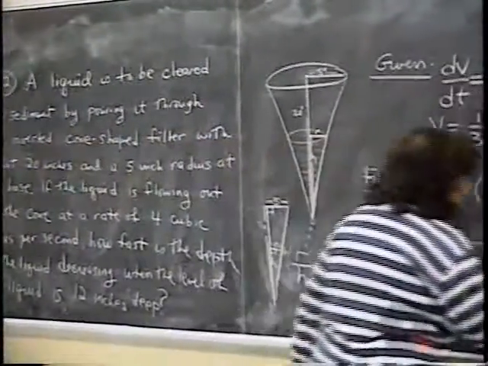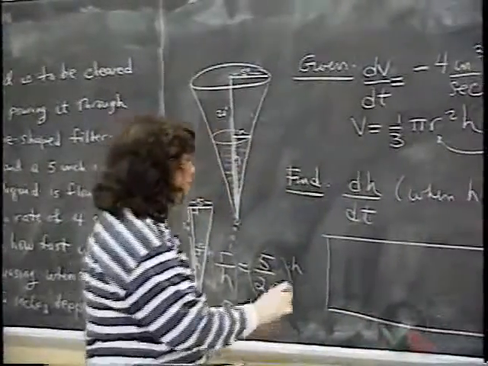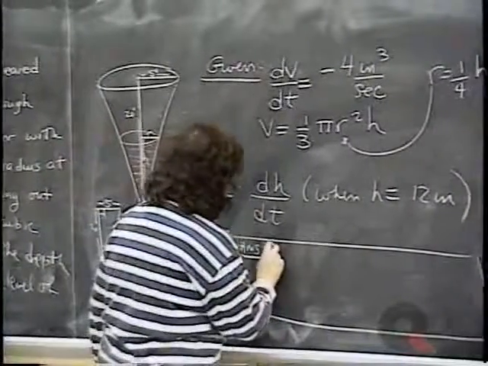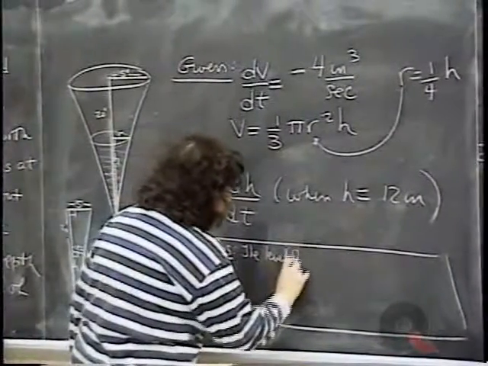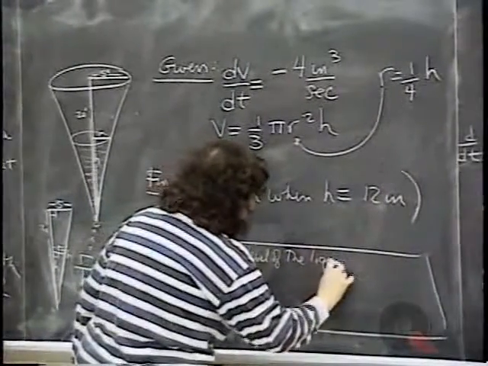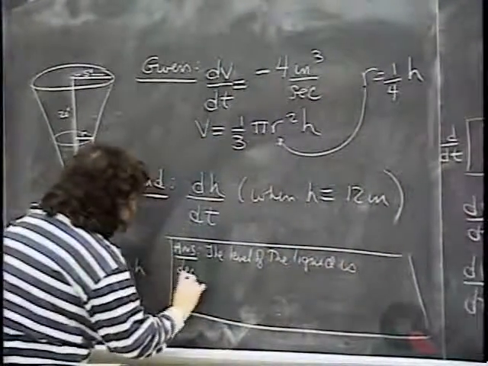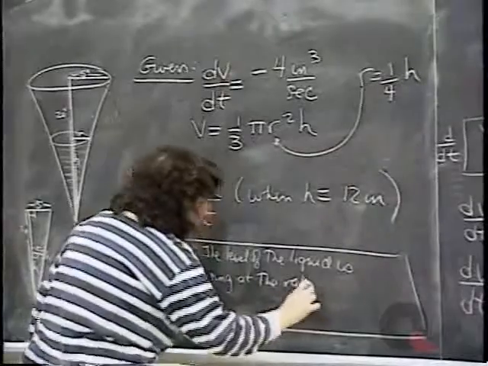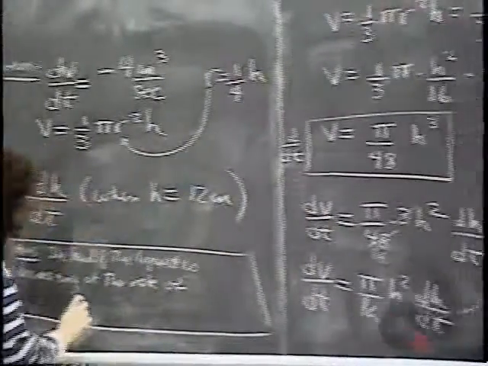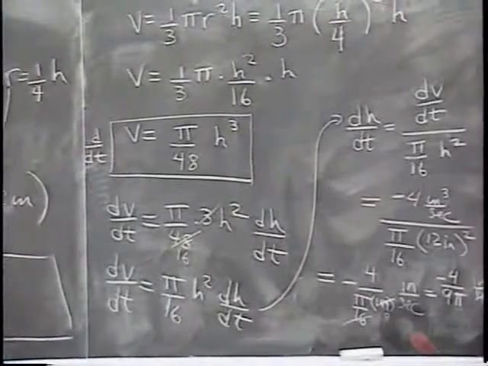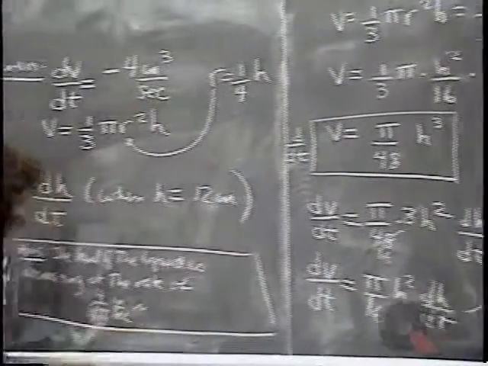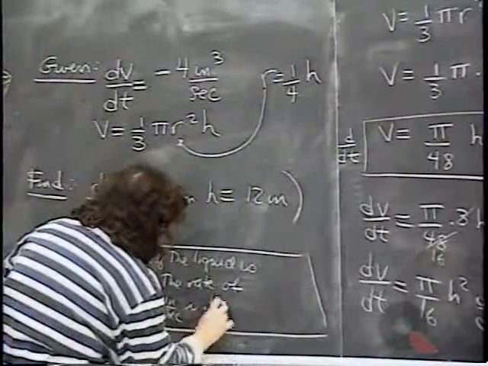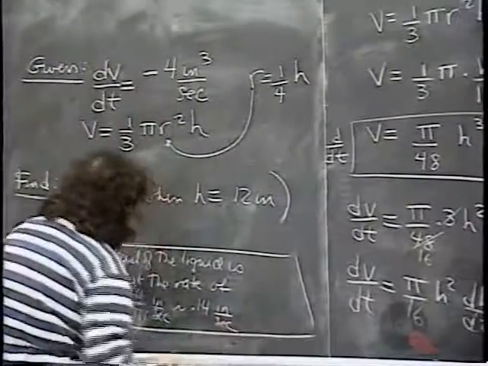You could write, for an answer, the level of the liquid is decreasing at the rate of 4 over 9 pi inches per second, or approximately 0.14 inches per second.